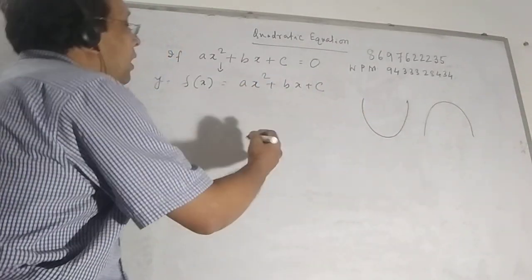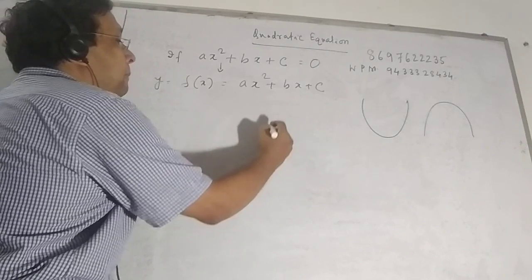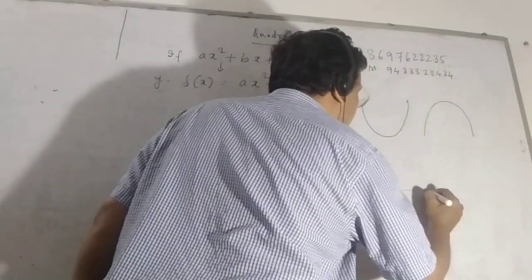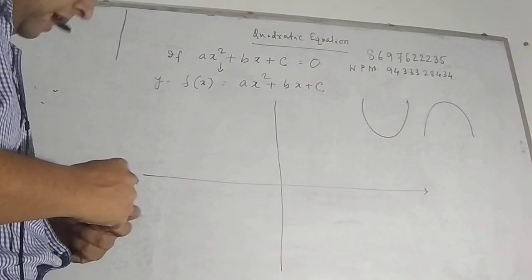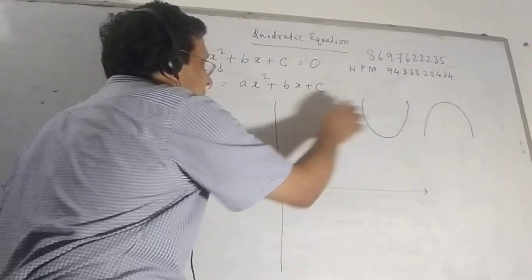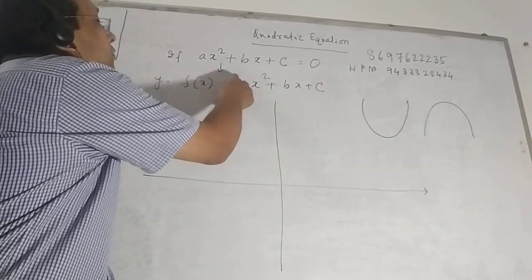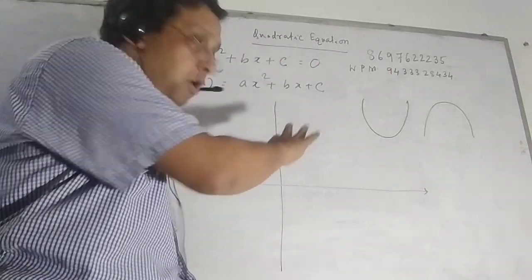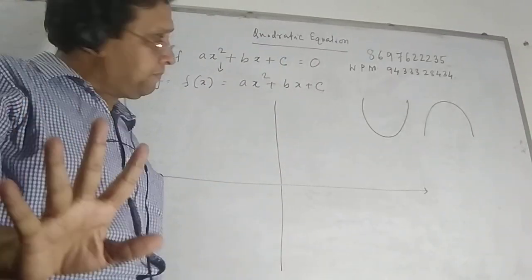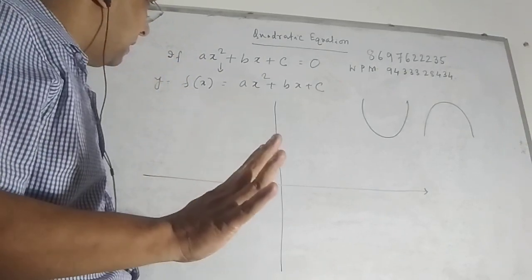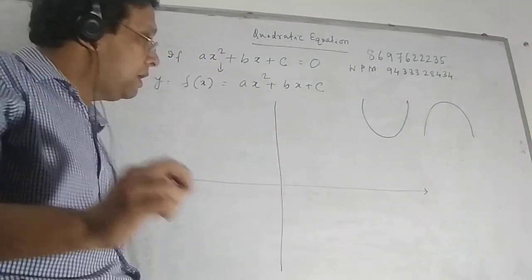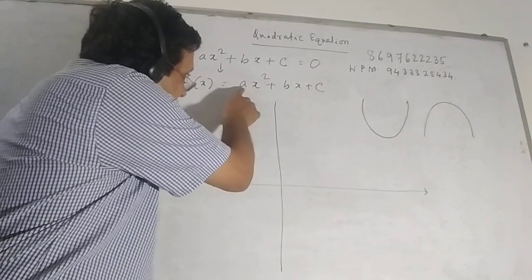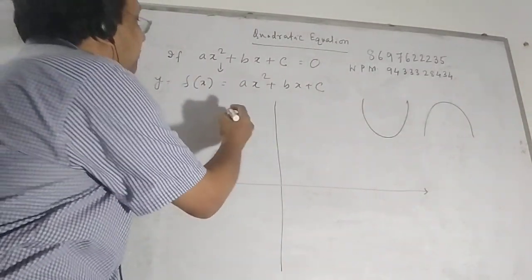In that case, it takes shapes like this or that. Now, if I draw a y-axis and x-axis in this way, the parabola is U-shaped because of the coefficient of x square. This is very, very important. Remember, whether it is U-shaped or inverted U-shaped, the coefficient responsible for this is the coefficient of x square, that is a.